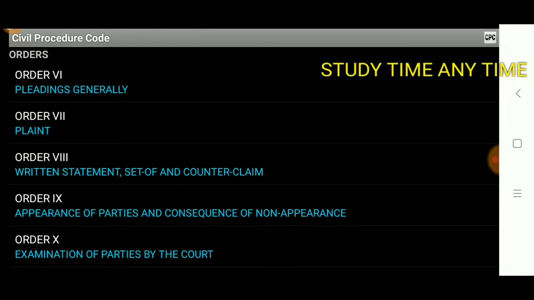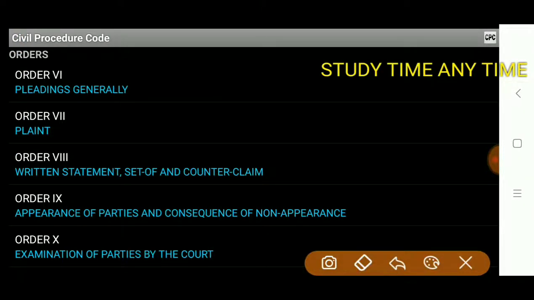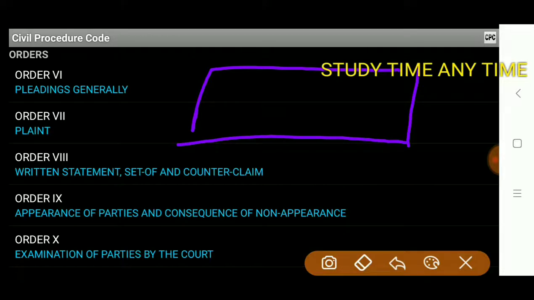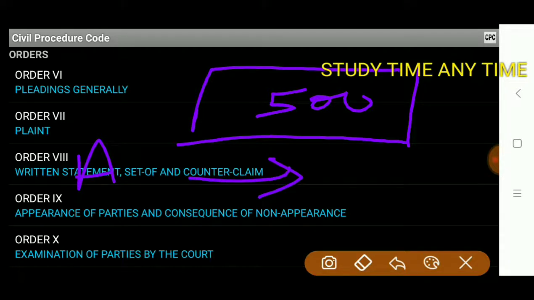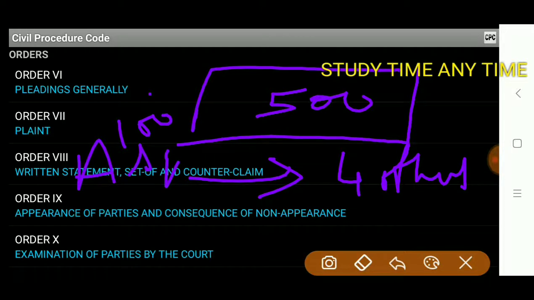Now the counterclaim is a similar thing. There is a party who is saying that there is a property, say, of 500 square yards, and A has filed the suit against 4 other persons who all claim 100 square yards in this property.